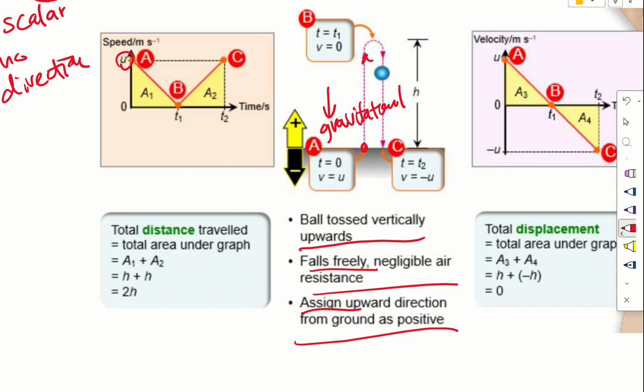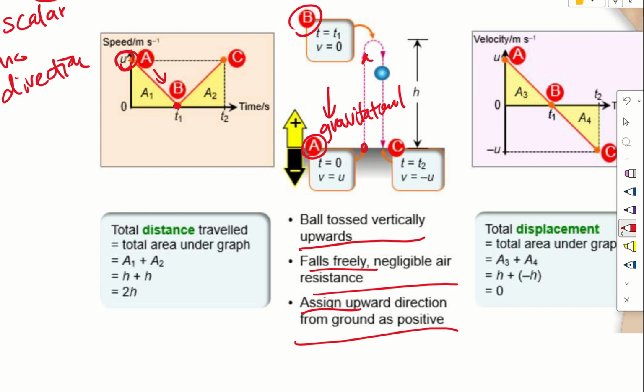So it will initially start at A, having a high speed depending on how much force you put in, and when it reaches the maximum height, the speed will be 0. So from A to B. After that it will fall back down to earth, and being pulled down by gravitational force, it will increase in speed.